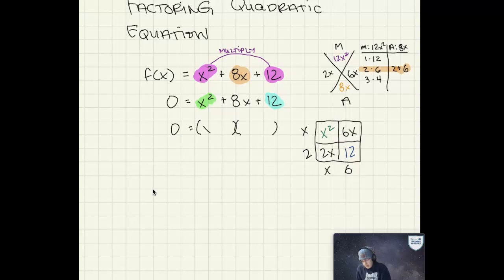So now you have your two factors, and you're just going to put them in your parentheses. So you have x plus 2 and x plus 6. And when you FOIL, I'm not going to do that for you because we're already at 8 minutes.